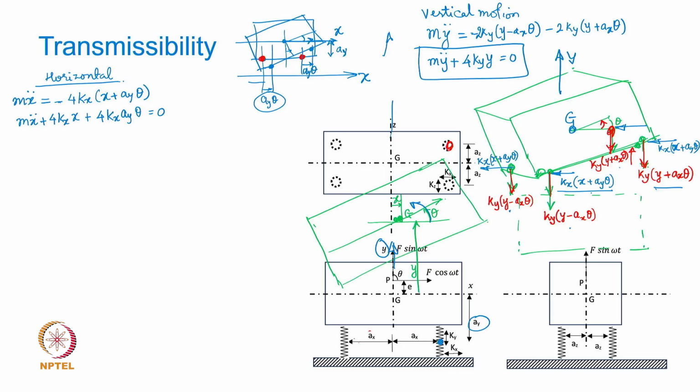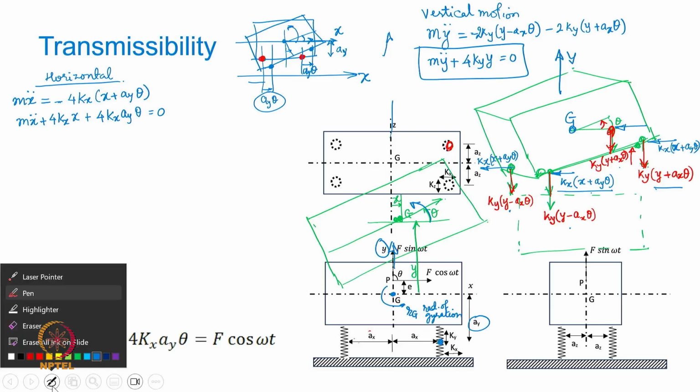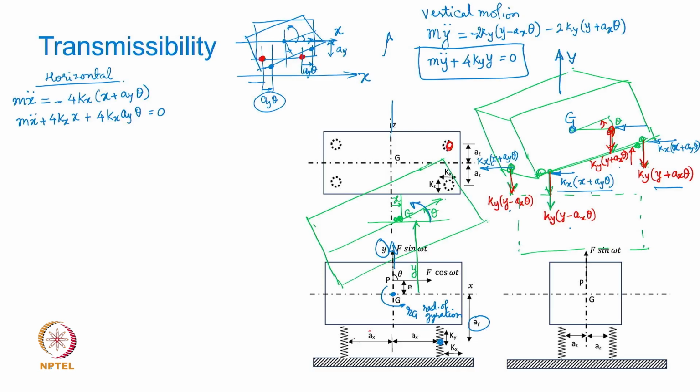Now, if we assume the radius of gyration about this axis of the body is rg, okay, so about the z axis, maybe instead of rg we might write that as rz, because it is about the z axis.